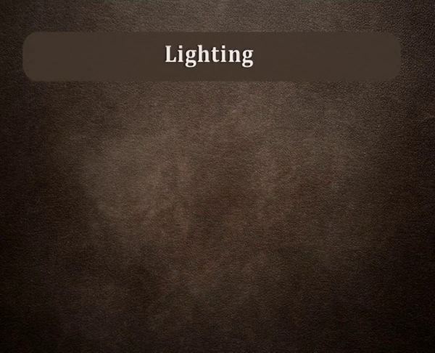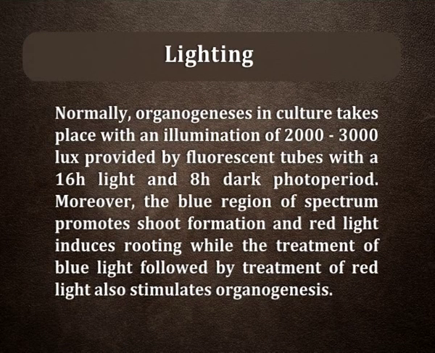Some of the general environmental factors affecting in vitro cultures are: first, lighting. Normally, organogenesis in culture takes place with an illumination of 2000 to 3000 lux provided by fluorescent tubes with a 16-hour light and 8-hour dark photoperiod.